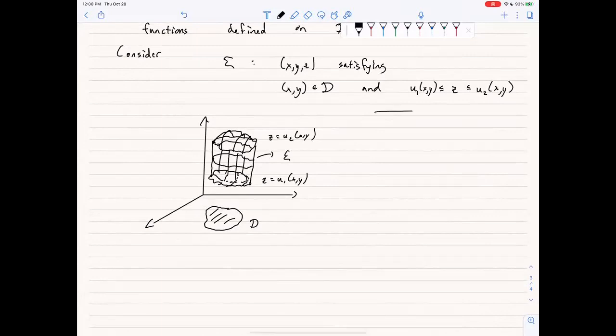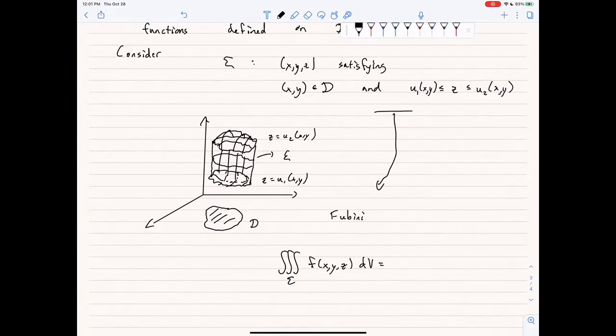So then for these types of regions, we can actually do computations. Before, we defined the triple integral, but now Fubini tells us a way of calculating it. Namely, if I take this triple integral over E of, here I'll use the function f, f(x, y, z) dV, well, now what you do is write it as an iterated integral where one of the integrals is a double integral, the other is a single variable integral.